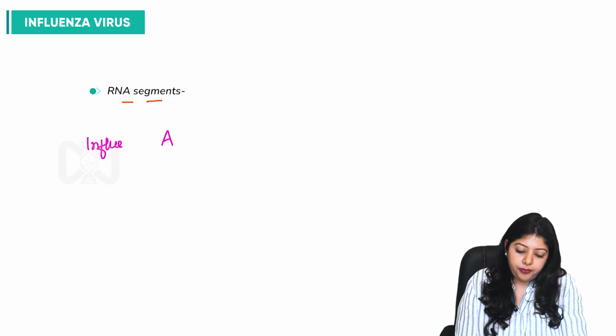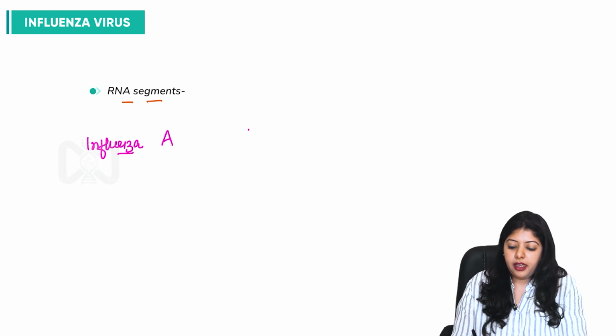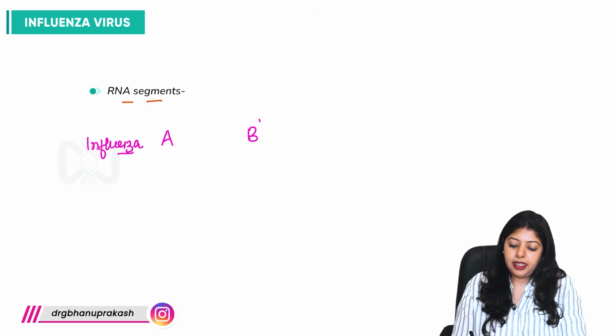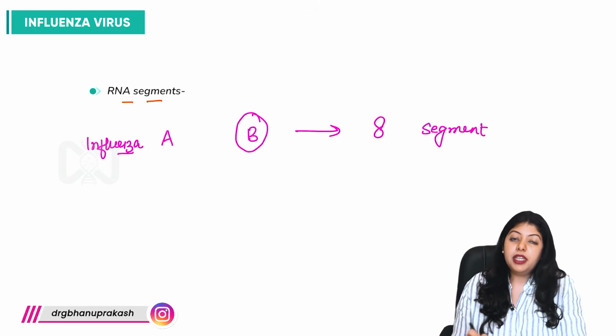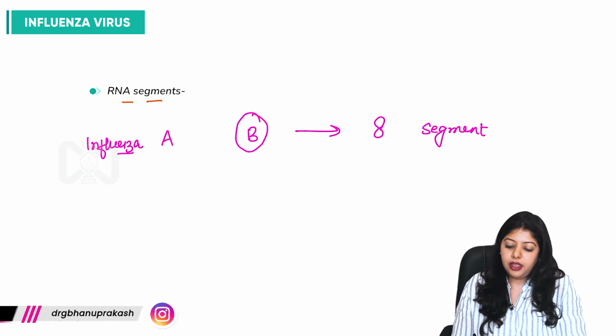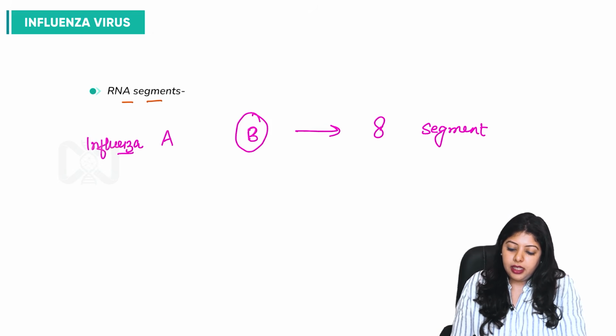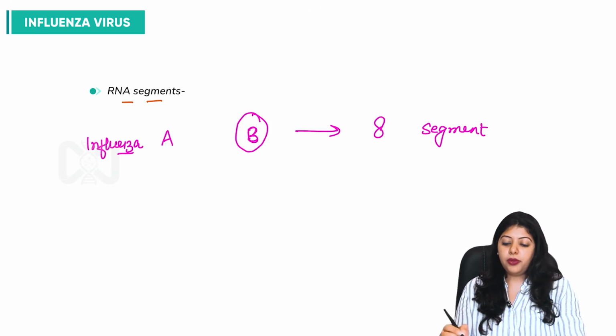So A and B influenza have 8 segments. B is the later letter, right? So B's structure is similar to 8.